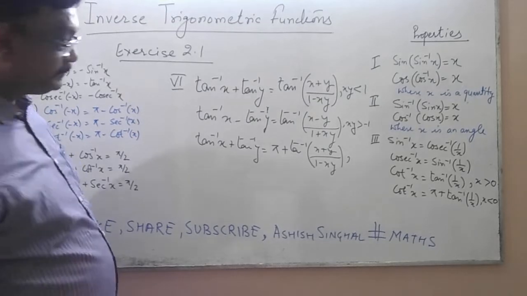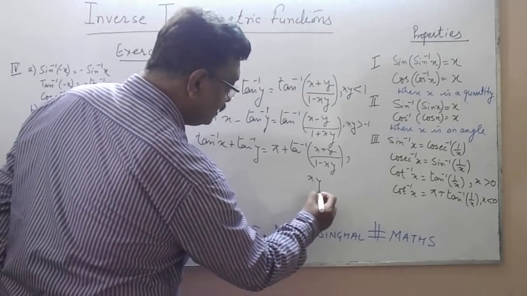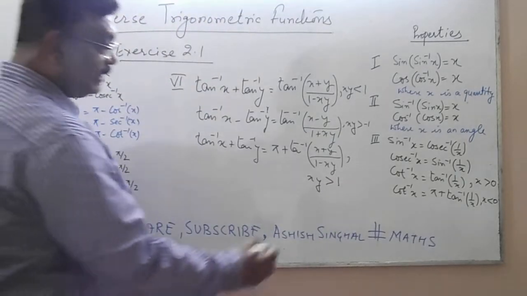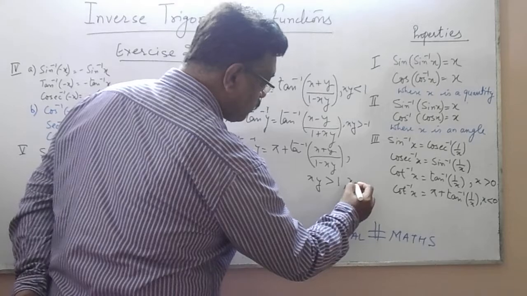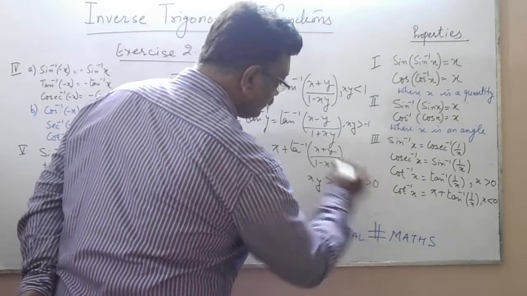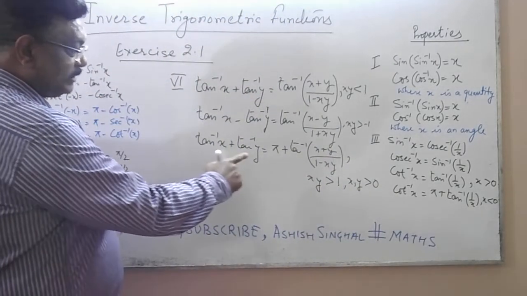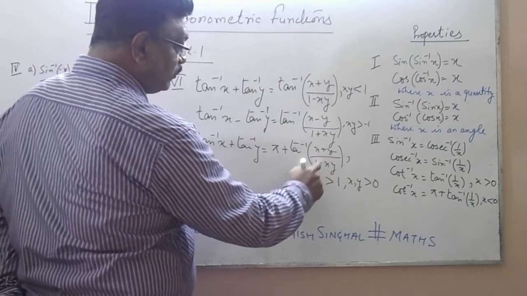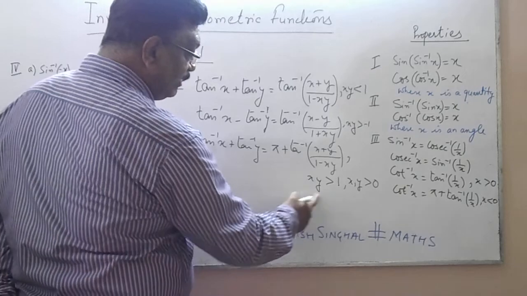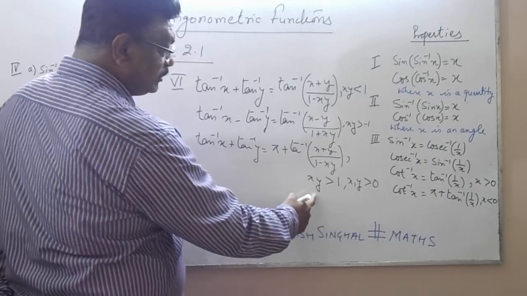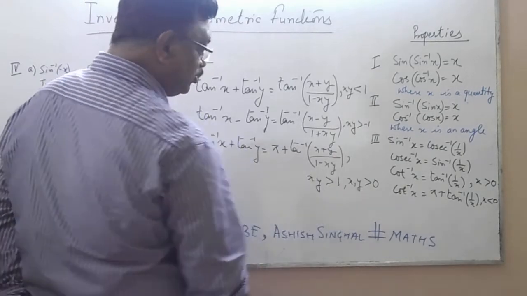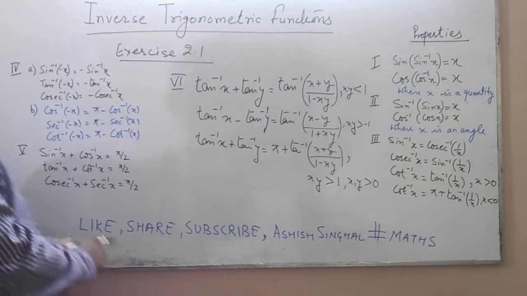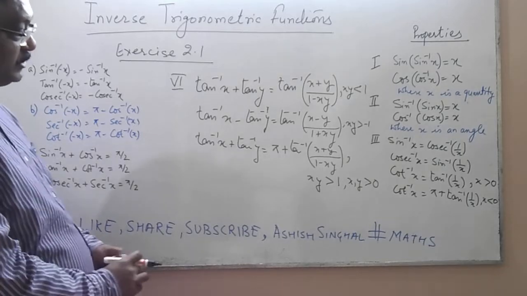In the third one, x into y is more than 1 and x and y are positive, that is, both are more than 0. Now we move on to property number 7.